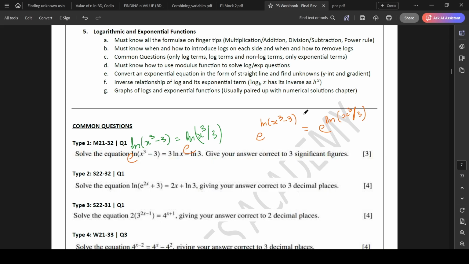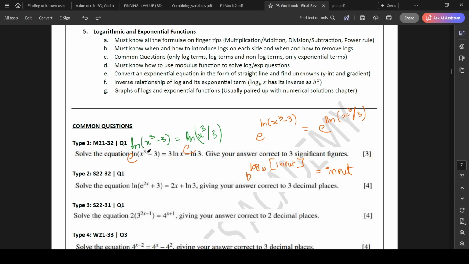Now, what is the reason behind this? Whenever you are having the logarithm with the same base, whenever these bases are equal, whatever is your input, this is the same as writing just your input without the logarithm terms. So now, whenever you want to remove the ln, don't just cut it directly like this.